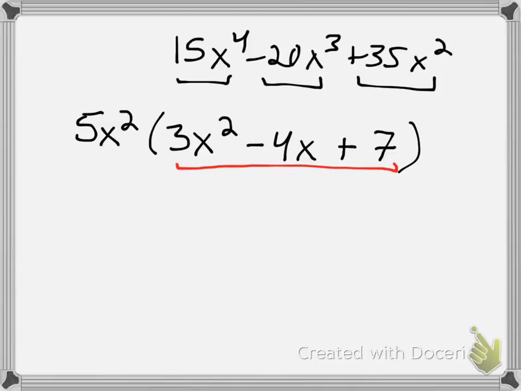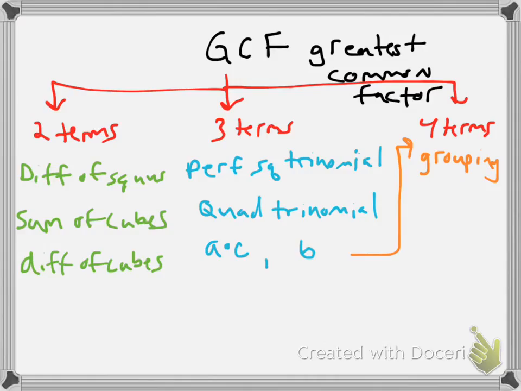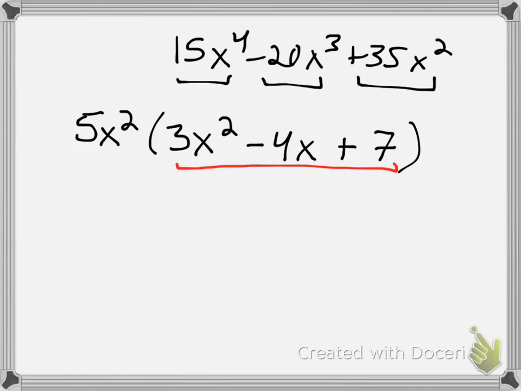So let's see if it's a perfect square trinomial, and if it's not, let's see if we can factor it like a normal quadratic. It's not a perfect square trinomial because that's not a perfect square and that's not a perfect square.